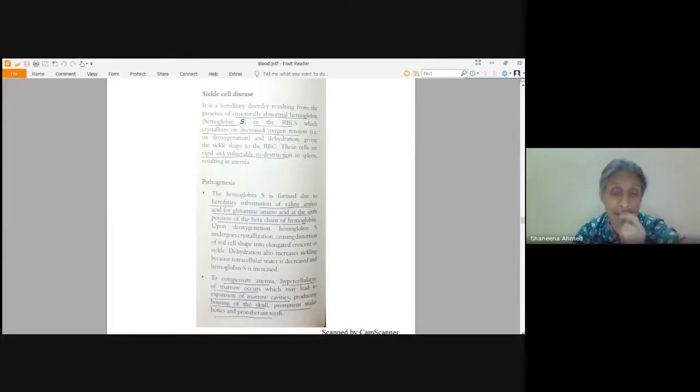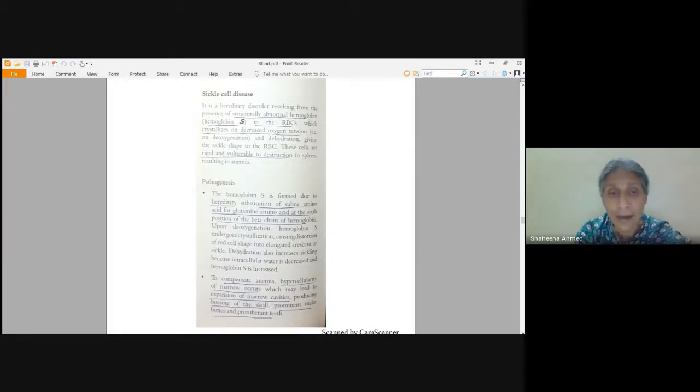Now what happens is in these RBCs, the hemoglobin crystallizes when the oxygen tension is decreased, or if there is some sort of dehydration, and the hemoglobin and the RBCs shrink and they acquire the shape of a sickle.